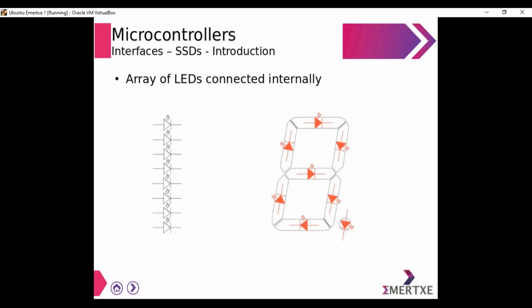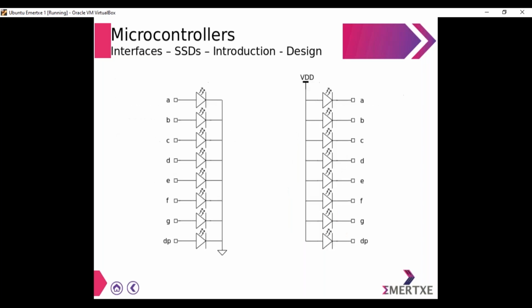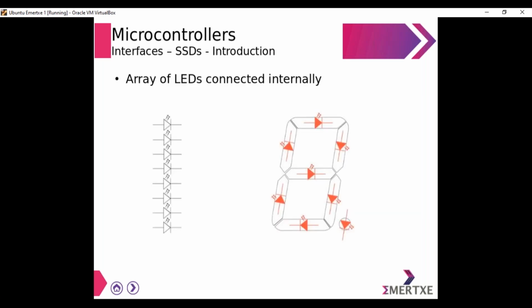Now, there are two ways of making the LED connections. One we call the common anode configuration. The other is the common cathode configuration. Each segment of the SSD involves one LED, so one SSD is going to have 8 LEDs inside it.